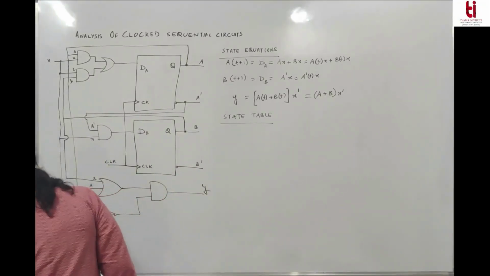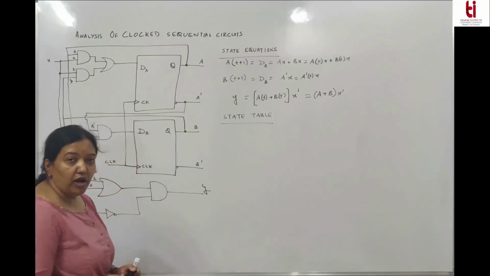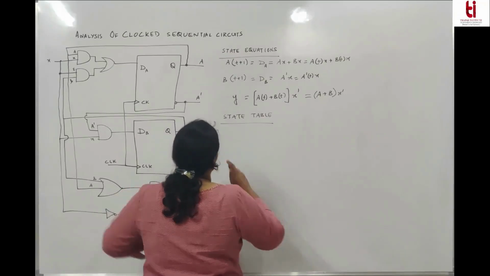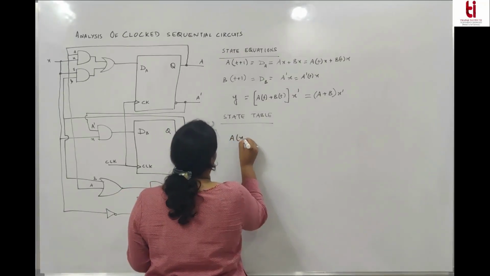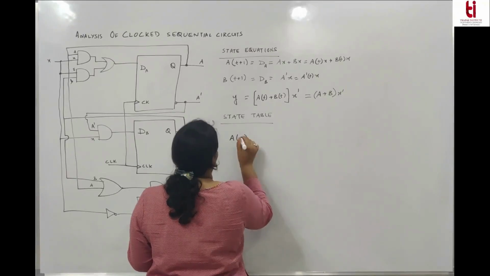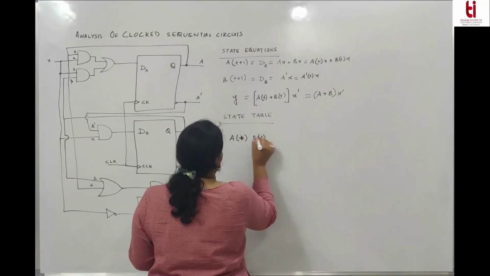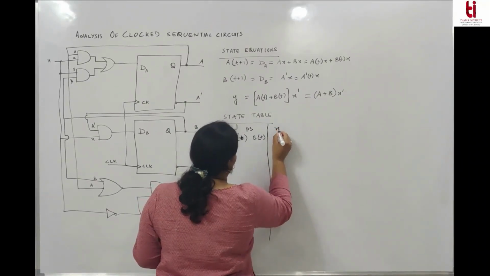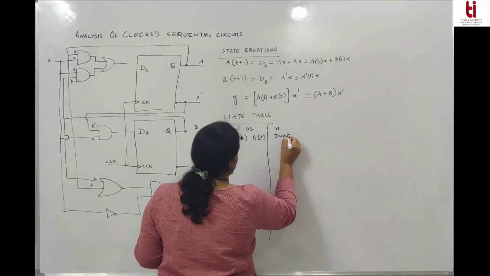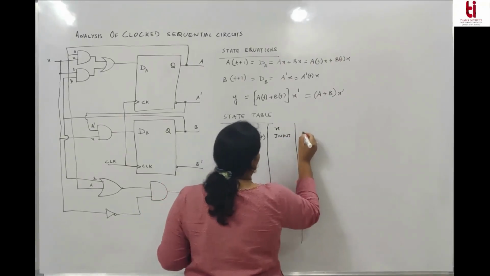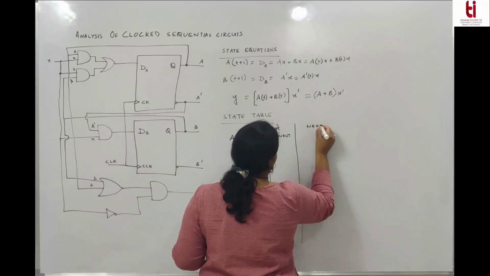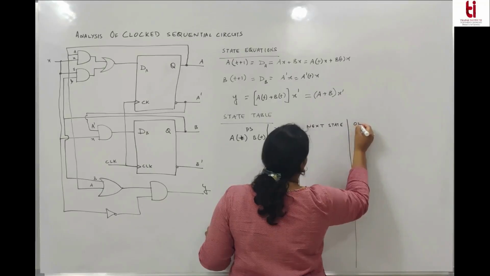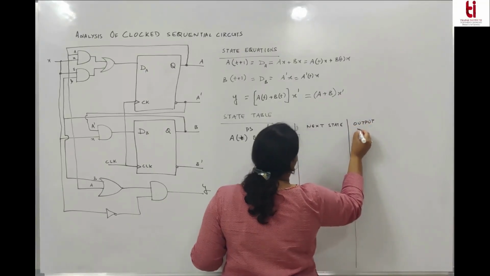To make the state table: there are two flip-flops, so there will be two present states, A and B. Then I have an input X, then the next state, and then the output Y.